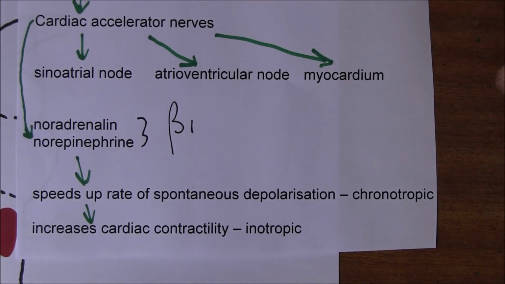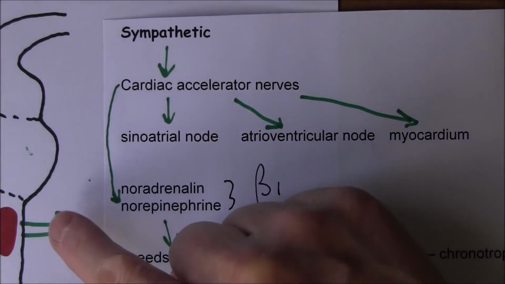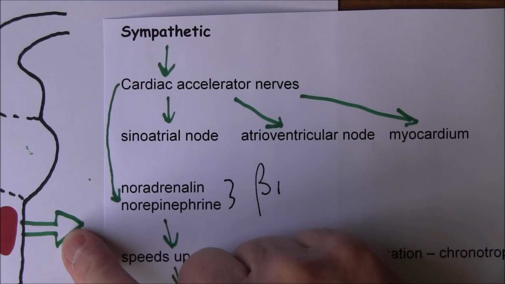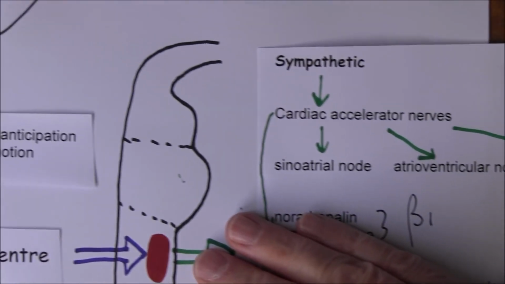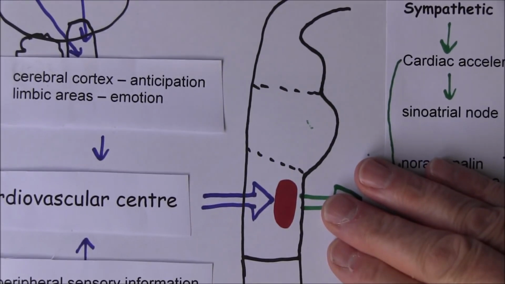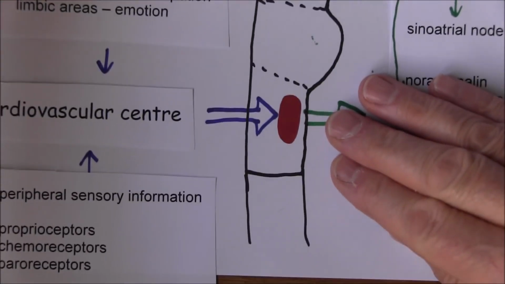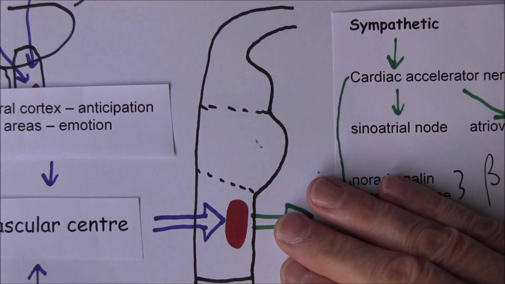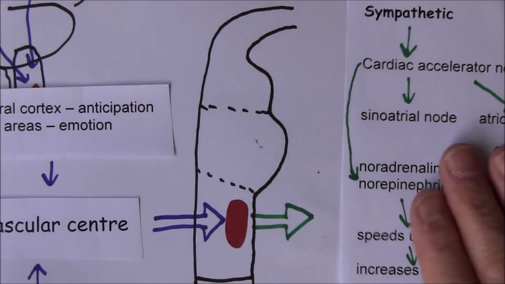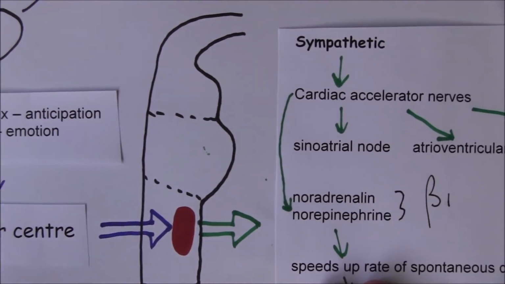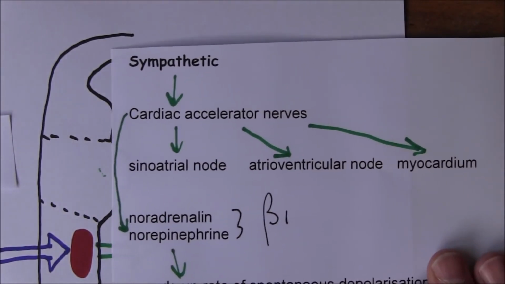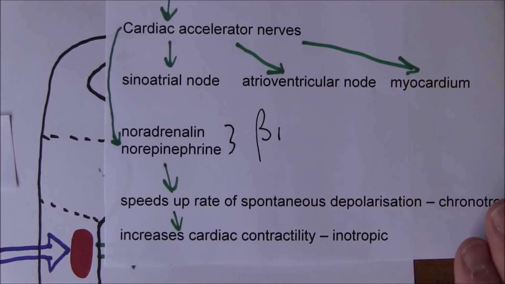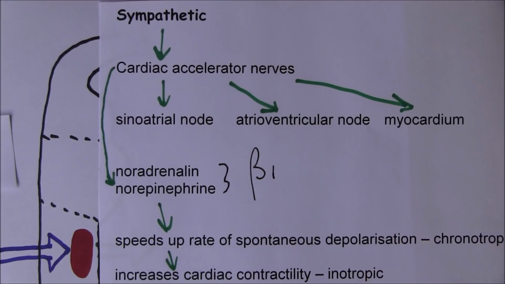So that's a summary of the sympathetic effects of the output from the cardiovascular centre. So that was the inputs on that side, and we've considered when these inputs are suggesting that we need increased cardiac activity. That's going to be these sympathetic effects.